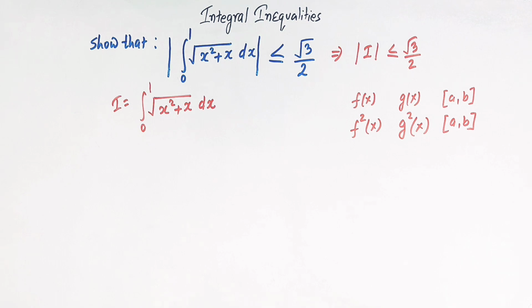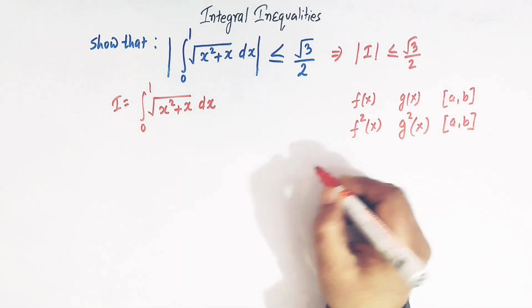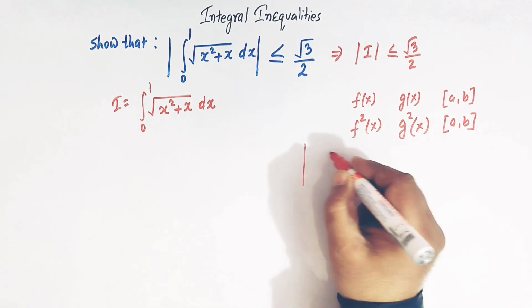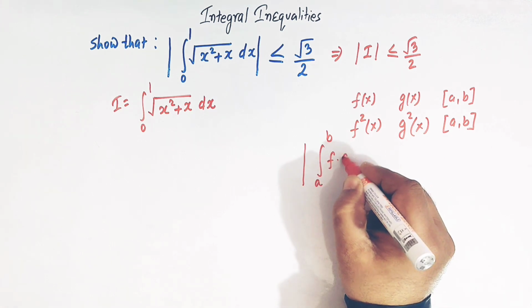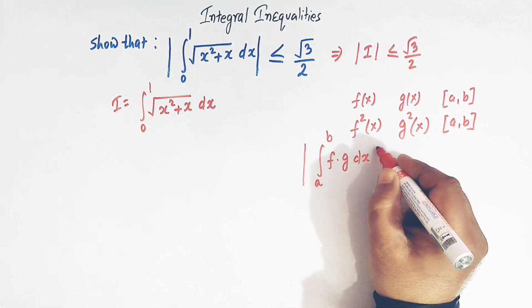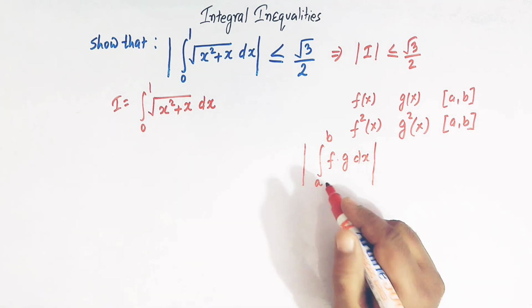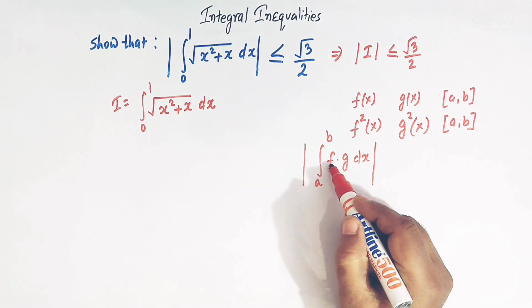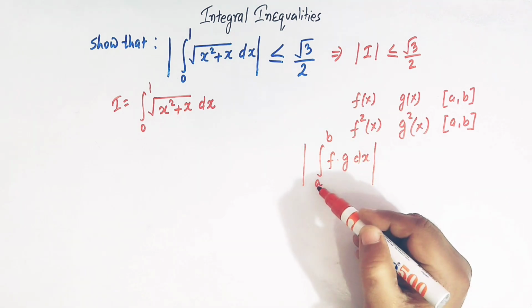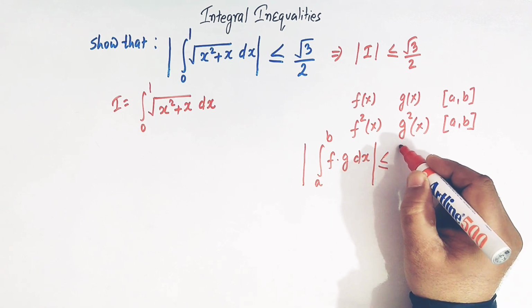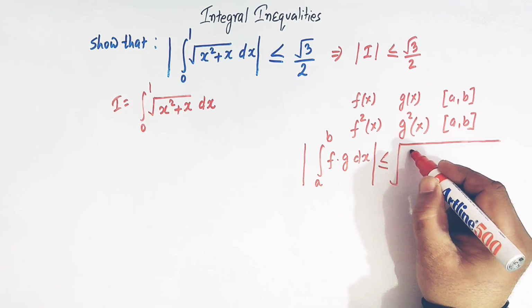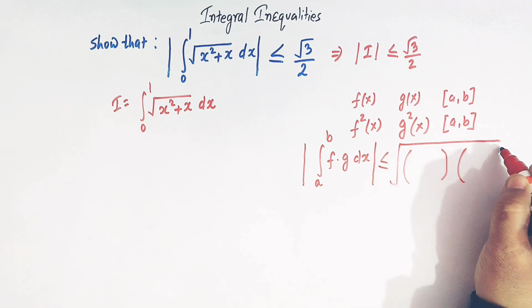which is known as the Cauchy-Schwarz inequality. So the Cauchy-Schwarz inequality states that the absolute value of the integral from a to b of f times g dx, the absolute value of the integral of the product of the functions f and g from a to b, is less than or equal to the square root of the product of these two integrals.